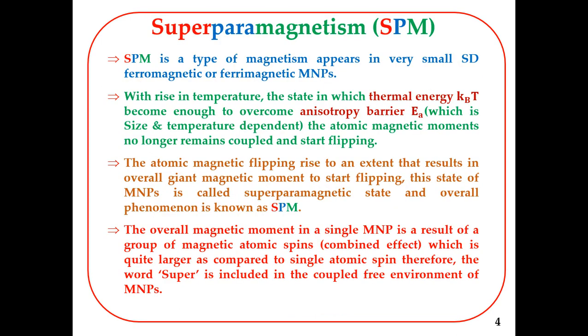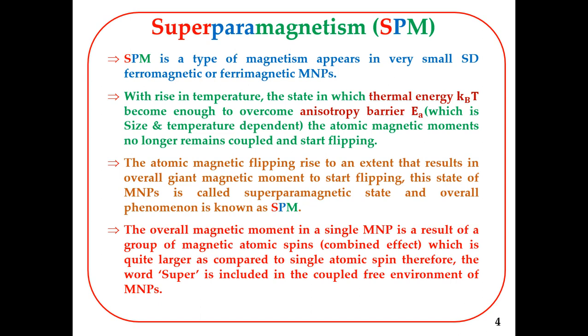We have also discussed superparamagnetism. It is the type of magnetism that appears in very small ferromagnetic nanoparticles. If we reduce the size of these nanoparticles, there is a limit, a critical diameter, below which the nanoparticles cannot sustain their ferromagnetic core fixed in a certain direction, and it can easily move.